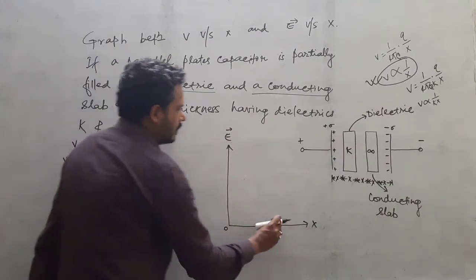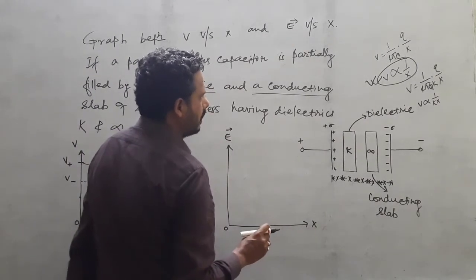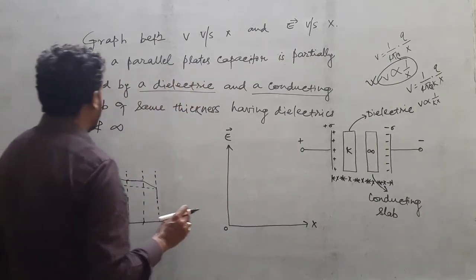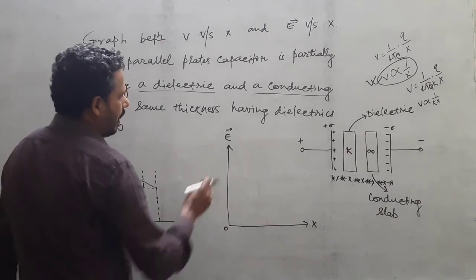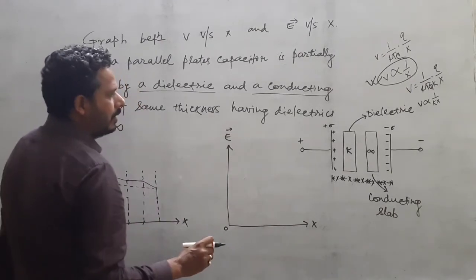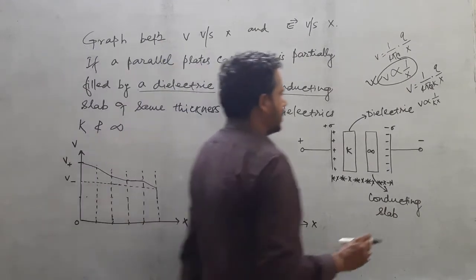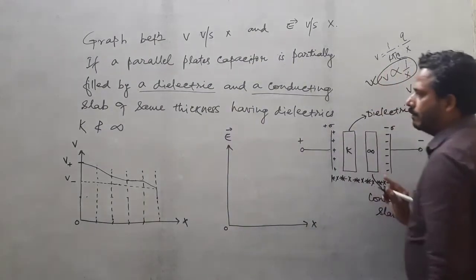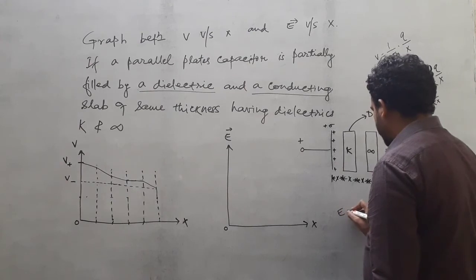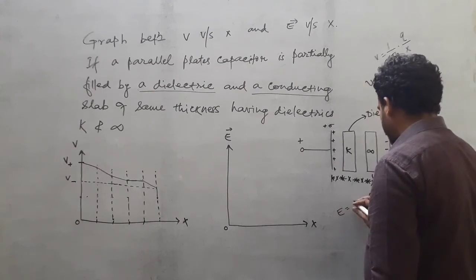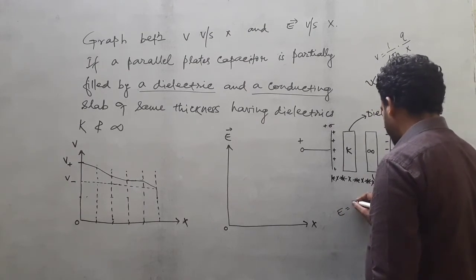But to plot this one, you must remember one thing, and you have to use the condition for how you can find this electric field. There is a relation for electric field that E is equal to V by x. Use this relation.